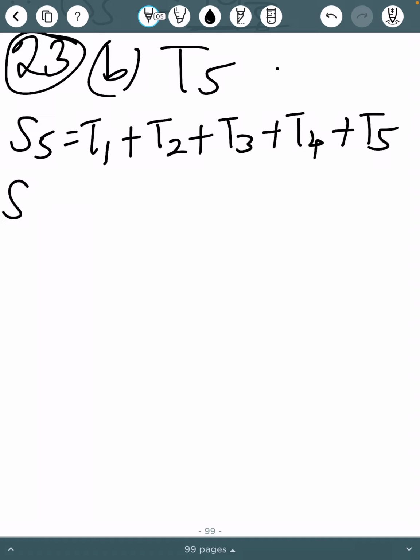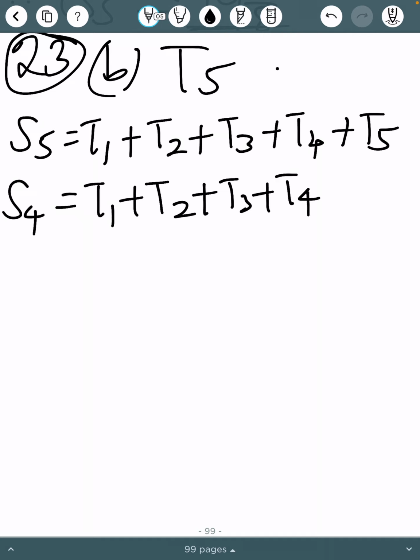The sum of the first 4 terms will be only T1 plus T2 plus T3 plus T4. So this gives us the sum of the first 5 terms, and this gives us the sum of the first 4 terms.